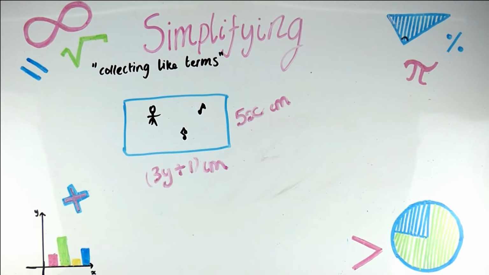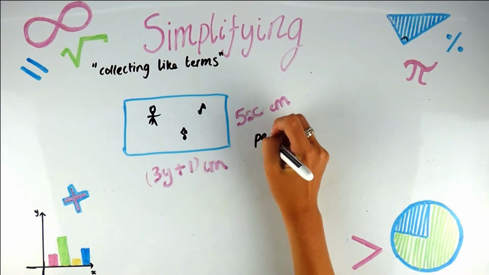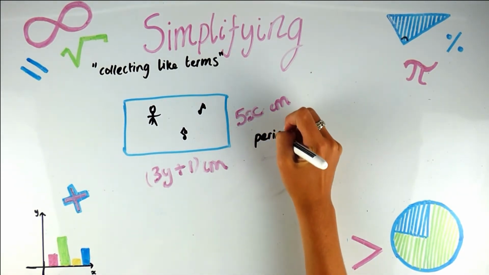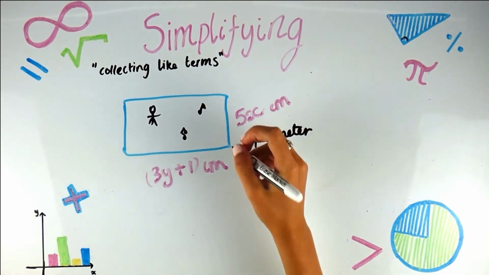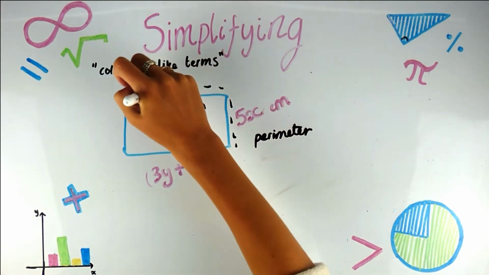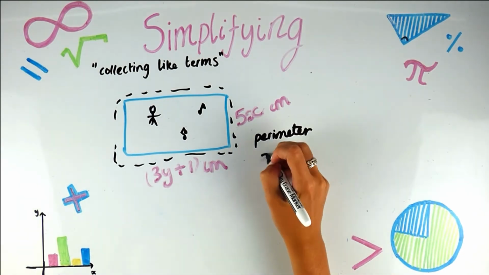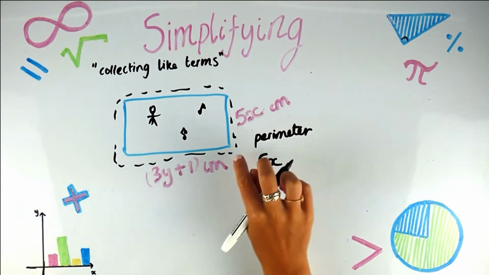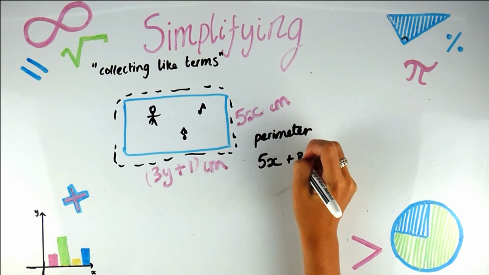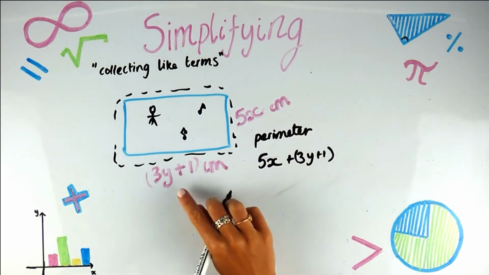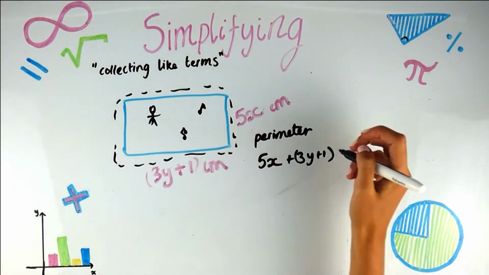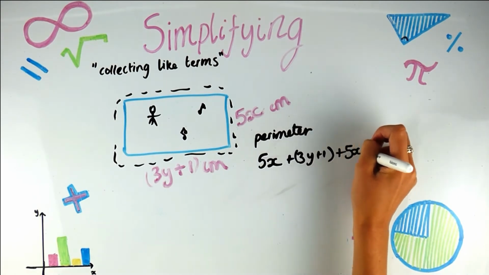Okay, and then we want the perimeter of the dance floor, but I want it simplified. So perimeter is the length around, so I've got this side, I've got this side, I've got this side, which is the same as this side, so I'm just adding all the lengths up.